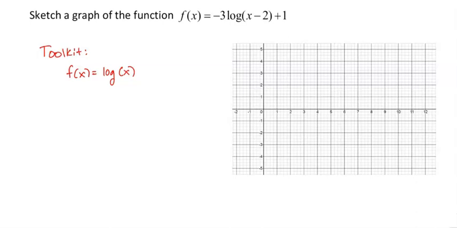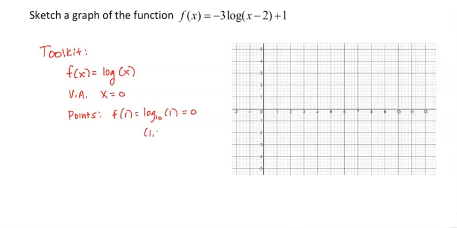If we think about a couple key features of this graph, it has a vertical asymptote at x equals 0 and a couple of key points that would be on this graph. If we think about f of 1, so the log base 10 of 1 is equal to 0.